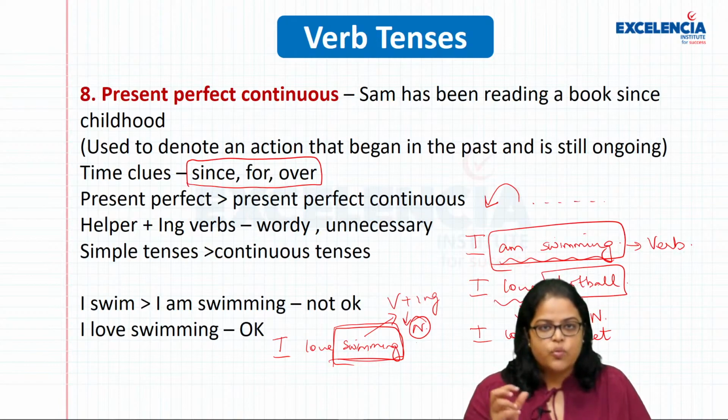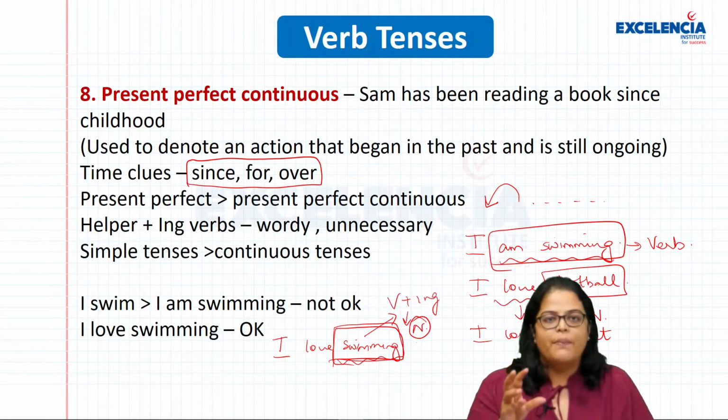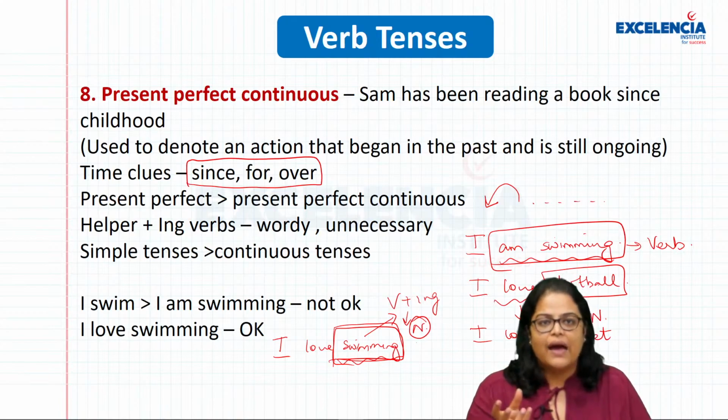You're right. Swimming is a verb, but in this case, swimming is acting like a noun. So parts of speech cannot be predetermined. Here it's called a gerund. When a verb ends in ing and acts like a noun, it's given a special name. It's called a gerund. Again, you don't have to remember this name at all. Do we understand, Madhumita, Aditya?